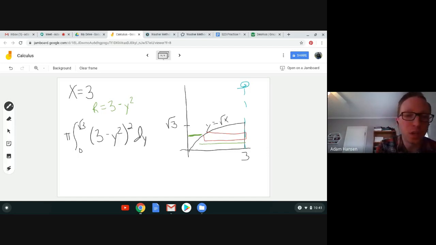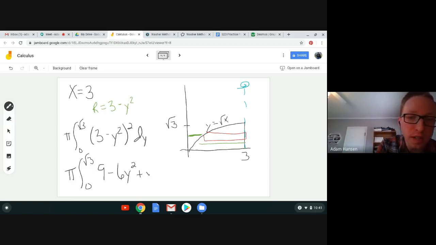All right, I think we're good to go on the setup, so let's just start simplifying. Pi times the definite integral from 0 to the square root of 3. If I expand that, it would be 9 minus 6y squared plus y to the 4th dy.